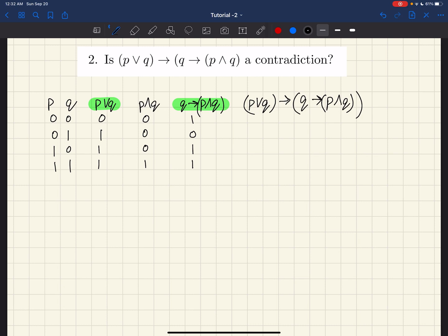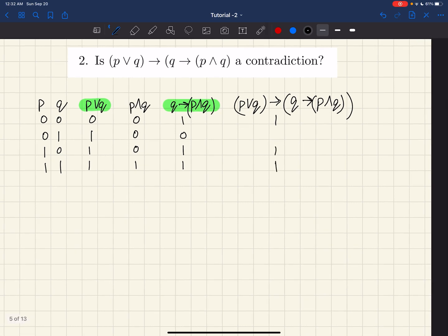First, whatever's on the right hand side, if it's 1, just set it to 1. And for this, since your left side was 1 and the outcome was 0, this would be 0.